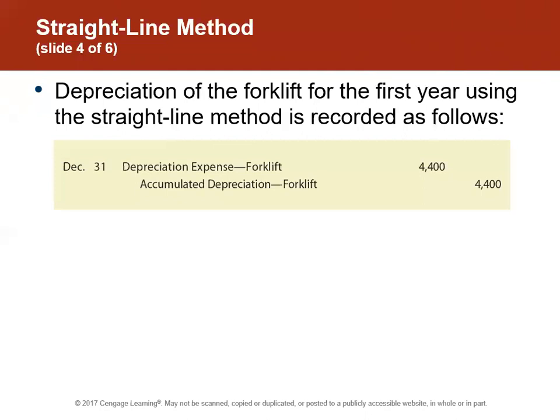So our book value at the end of year 1 is 19,600. So that's the amount that we haven't costed out yet. That's the book value. So book value is always just cost minus accumulated depreciation. So then after year 2, we would subtract another 4,400 to get the new book value.